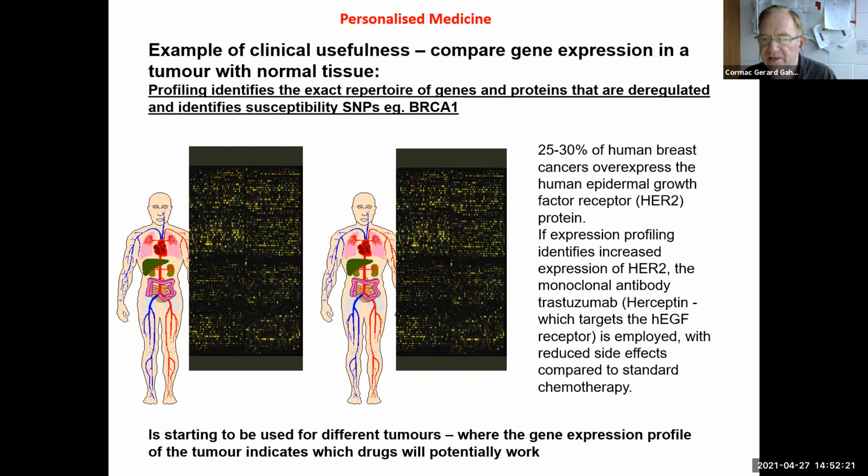So if this is breast cancer, for instance, a woman with breast cancer, we know that about 30% of these overexpress human epidermal growth factor receptor, HER2. So we can do expression profiling. And if expression profiling shows increased HER2 in the cancer, then we can direct that patient to a specific therapy, which is a monoclonal antibody against the receptor, called Herceptin.